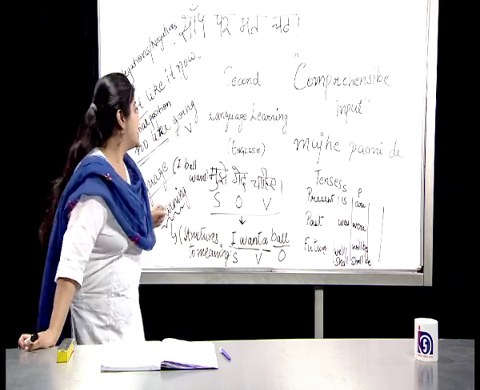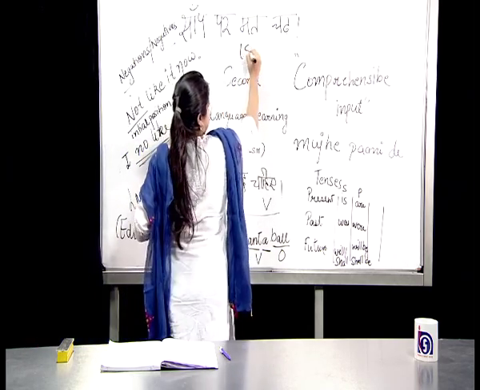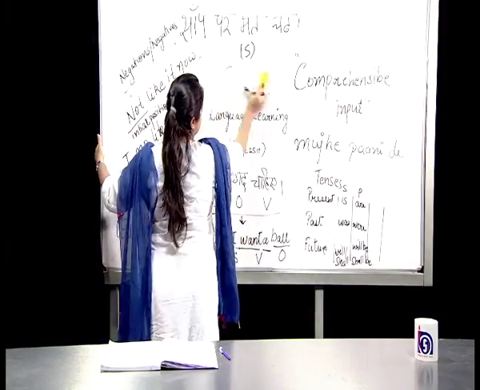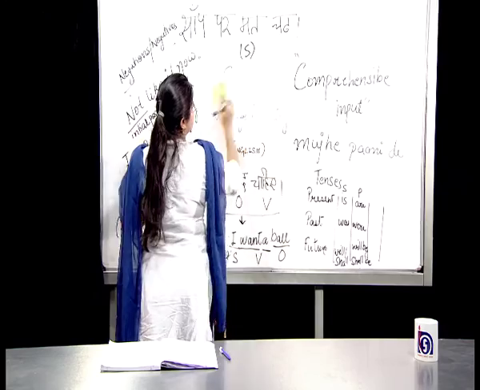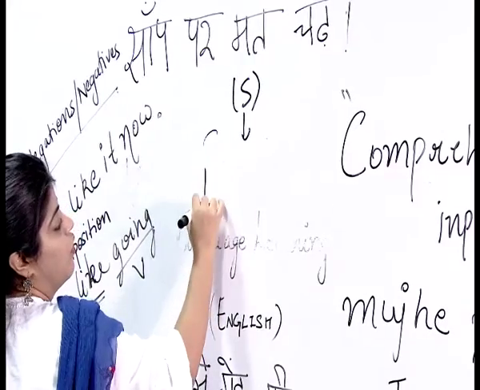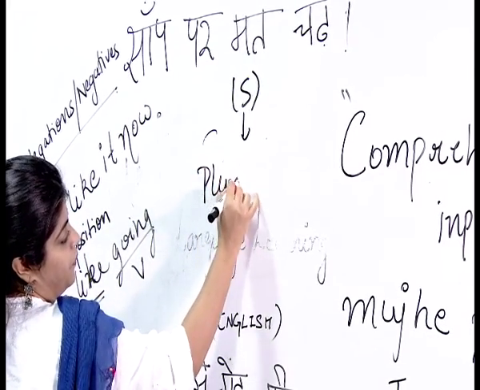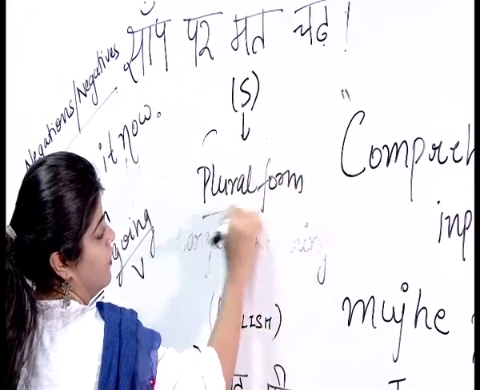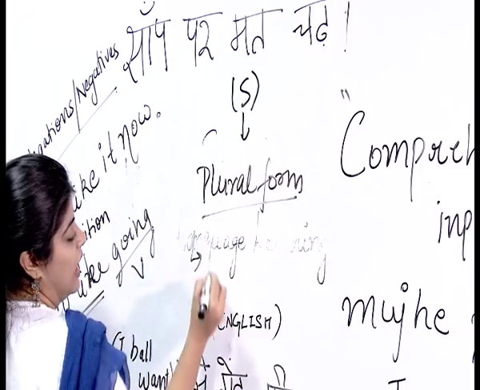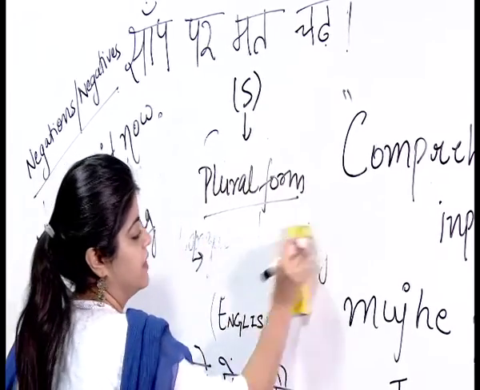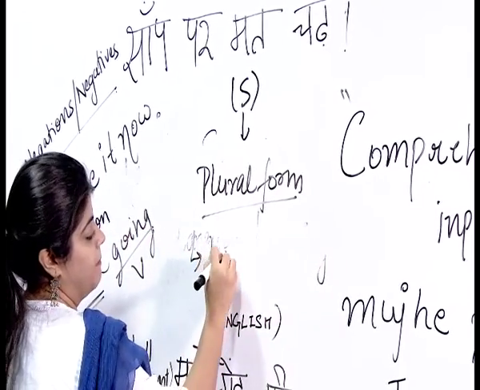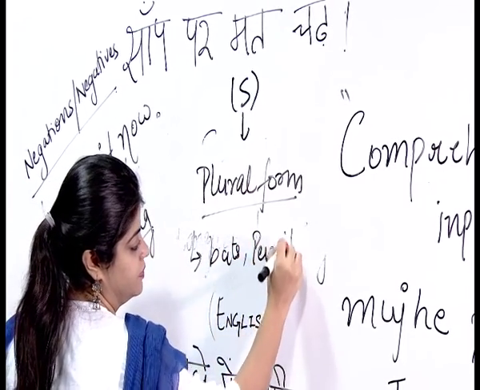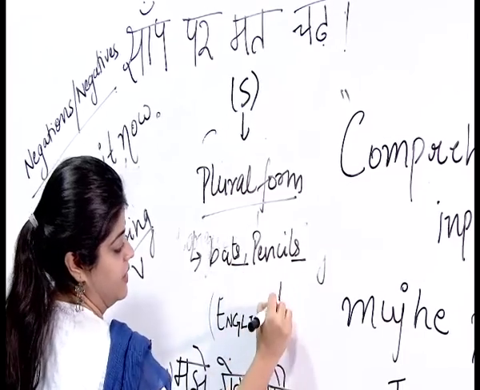Then the second thing which is very common in second language acquisition is getting to know about different S. The first thing that the learner learns about is how to use S in a plural form. For example, how do we make the plural of bat? It becomes bats, pencils, pens.